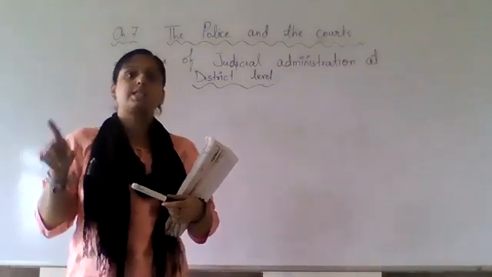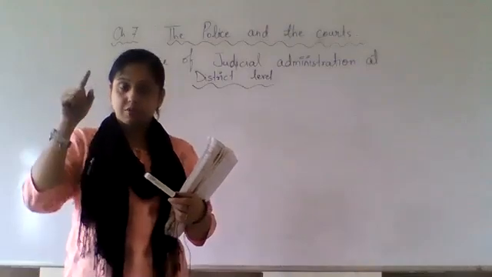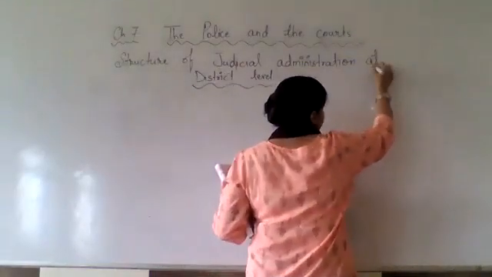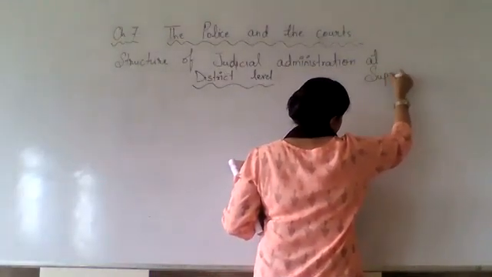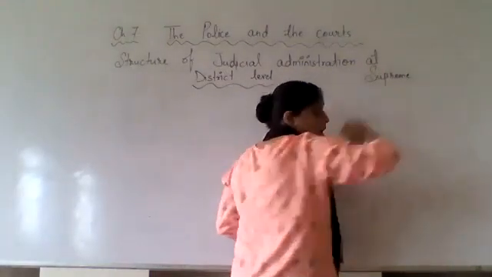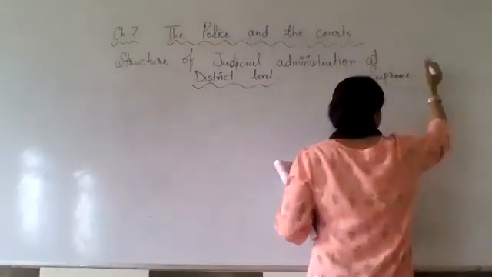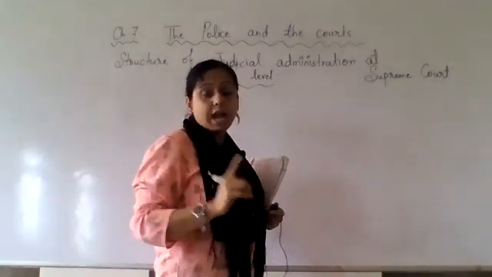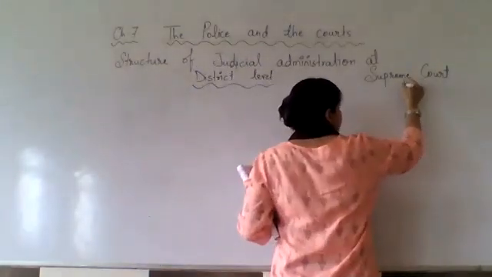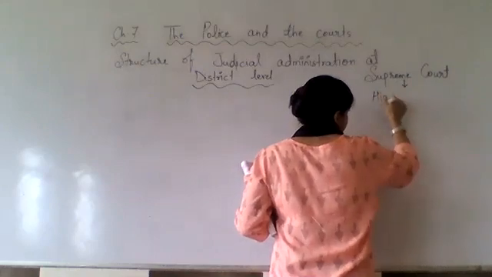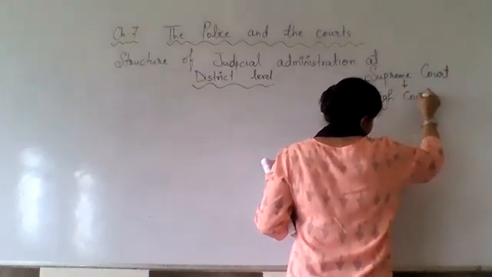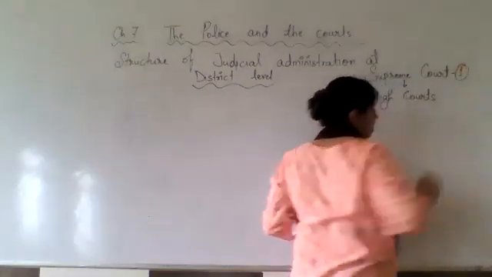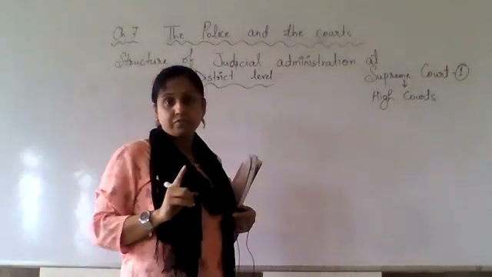Now, as we discussed in our previous chapter, the highest judicial body is the Supreme Court, right? Under the Supreme Court we have high courts. We have one Supreme Court, the highest judicial body which we have.